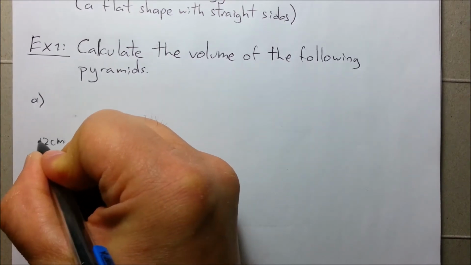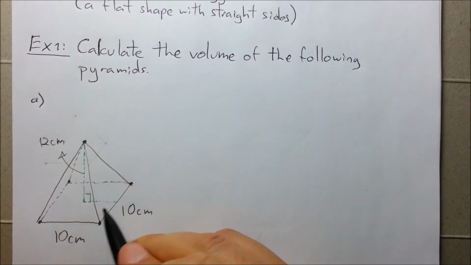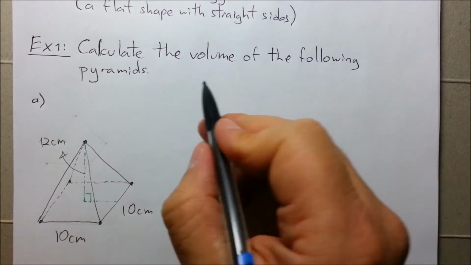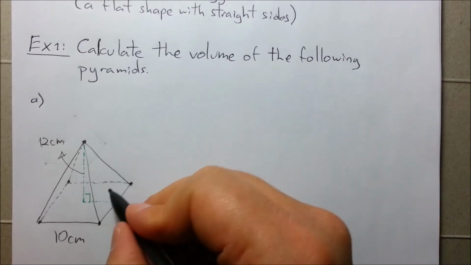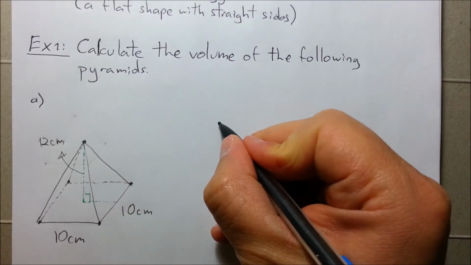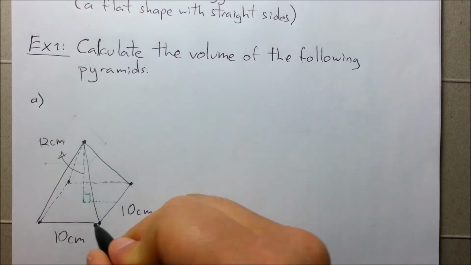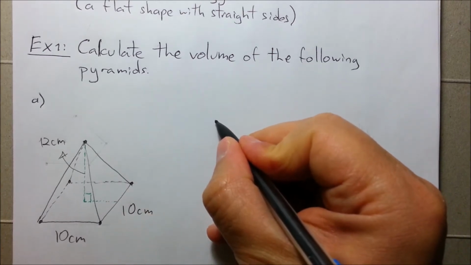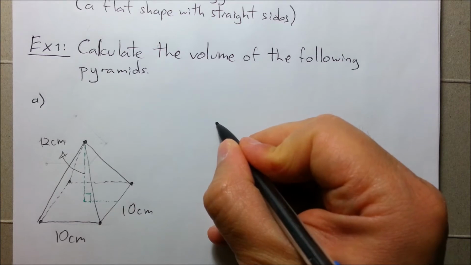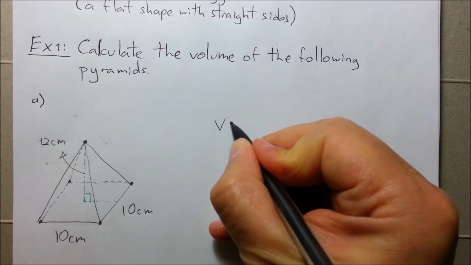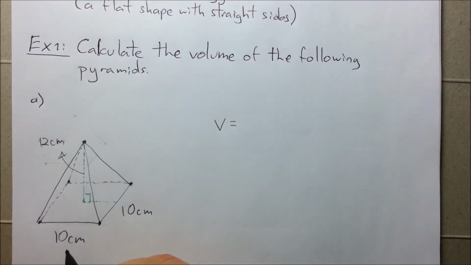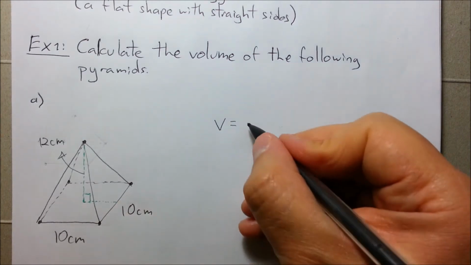12 centimeters. Okay. So now, what's the formula for the volume of a square-based pyramid? Well, we know that the volume of a square-based pyramid is going to be equal to the area of the base times the height, divided by 3. So in this case, the base is going to be length times width, which in this case happens to be the same.